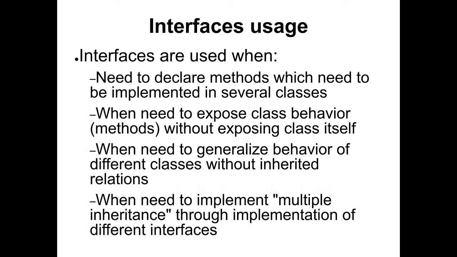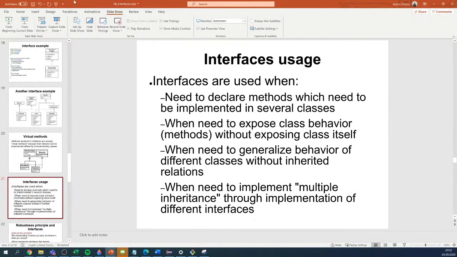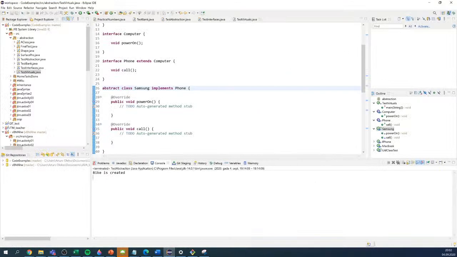Where the interfaces are used: if we need to declare methods which need to be implemented in several classes. The interfaces can be used in different classes. Another point I maybe missed, sorry for this interruption.